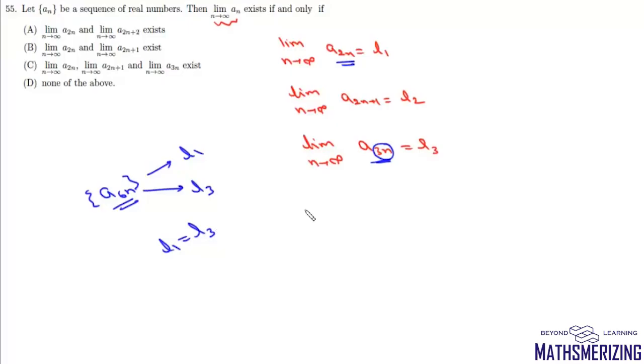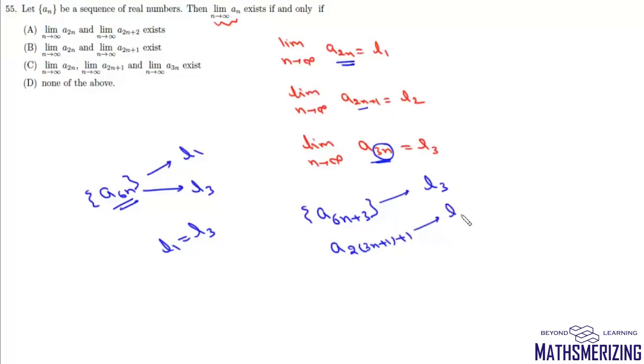Now let us consider another sequence, which is a_(6n+3). Now a_(6n+3) is a subsequence of a_3n. So that means it will converge to L3. And we can also write a_(6n+3) as 2 into (3n plus 1) plus 1, which is of the form 2n plus 1. So that means it is a subsequence of a_(2n+1).